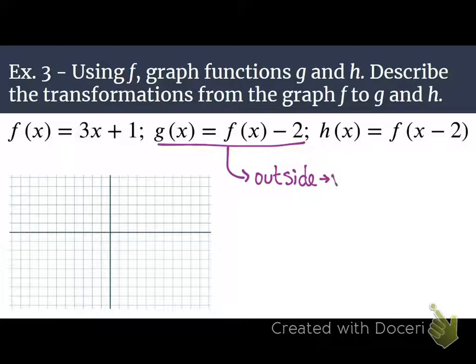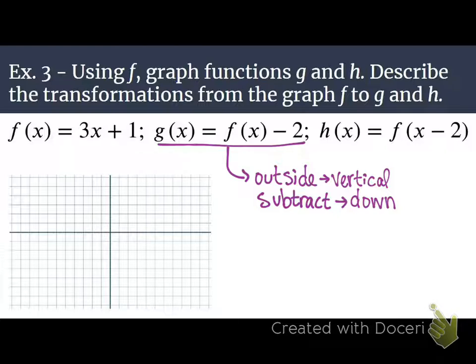Outside, we move vertically. So this is a vertical translation. Because we are subtracting outside, that means it's going to go which way? Right. No, left. Remember, we're going vertical, so it's either up or down. Oh. Down. So these get a little tricky. But if it's outside, it's vertical. If we're subtracting, that means it's down.